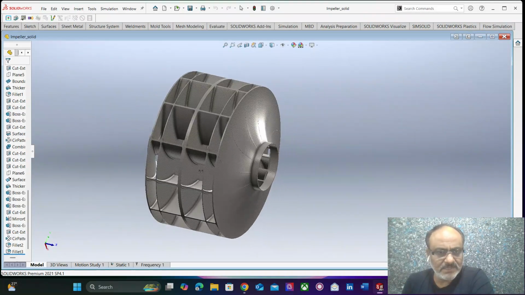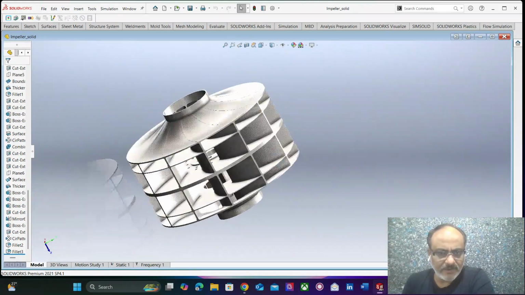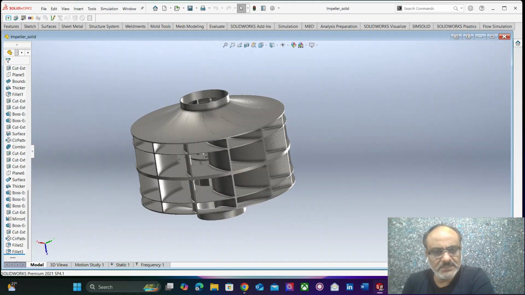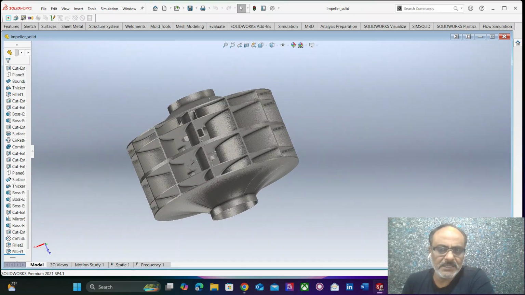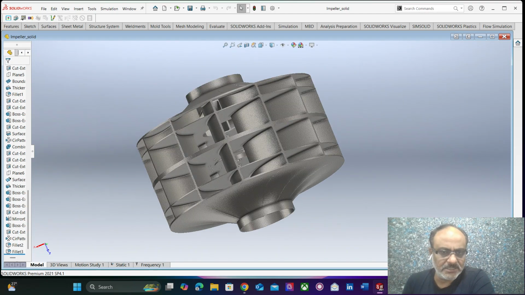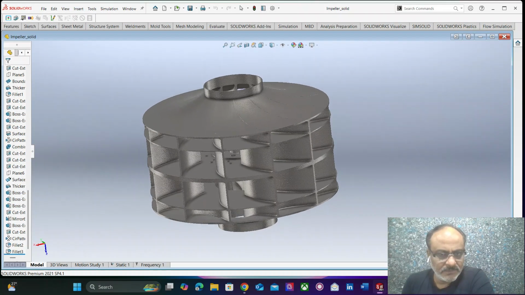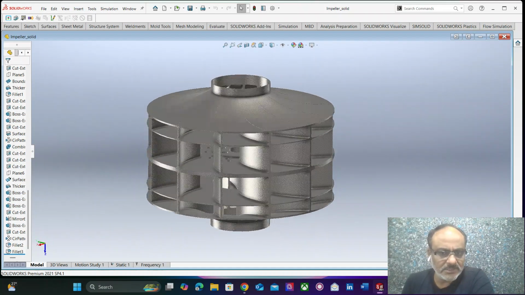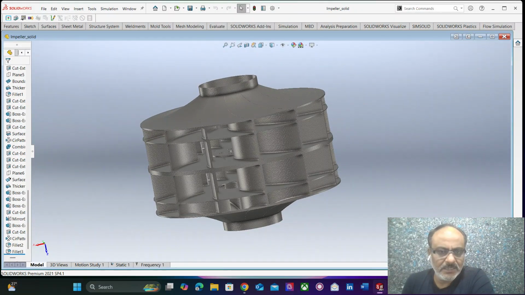At the same time, the client had to increase the RPM from 600 to 800, then gradually to 1000, and then to 1200. So there were three categories of upgradation. And this particular structure, what you see on the screen, is the final product after optimization.